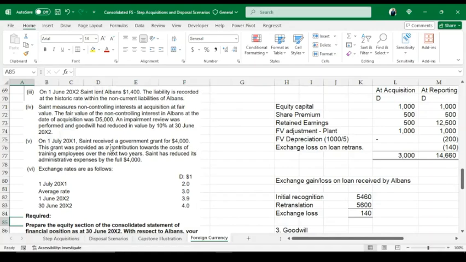All right, the grant was received to provide cost of training for employees. So for 2 years. So for each year, we are going to expense 2,000, which is the 4,000 divided by 2 for each year. And this has reduced its administrative expenses by the full 4,000. Okay, so that is how it is done. So we will come here, and in this particular year, the government grant is going to be 2,000.